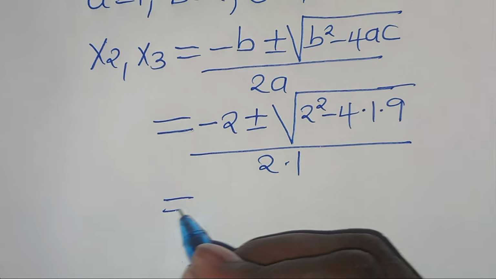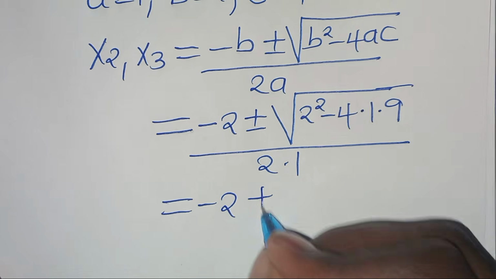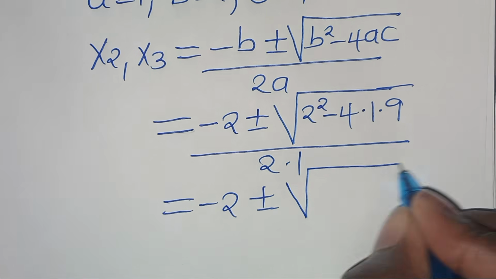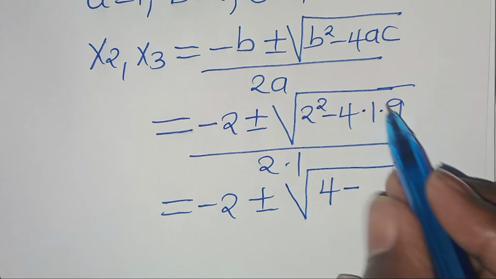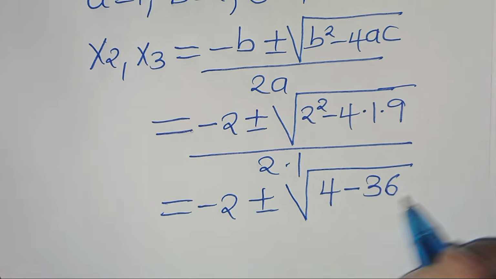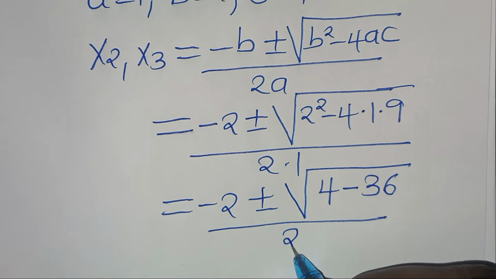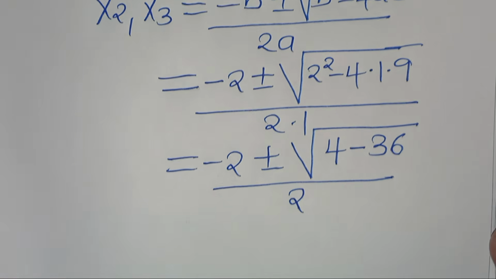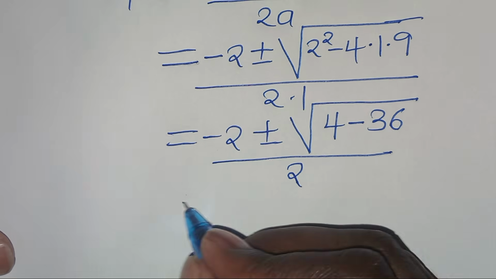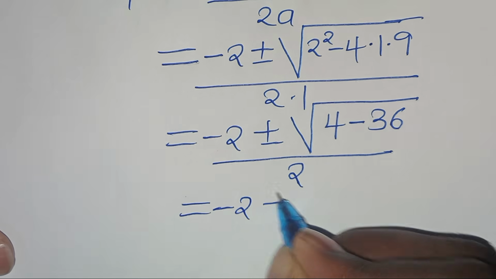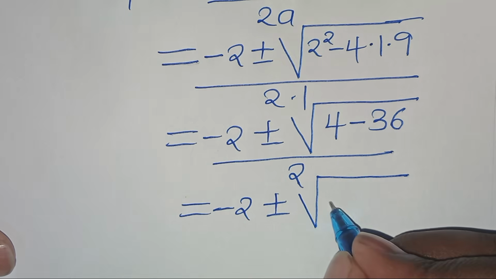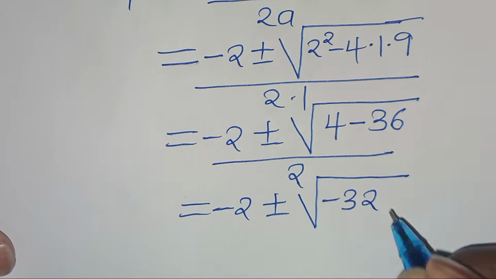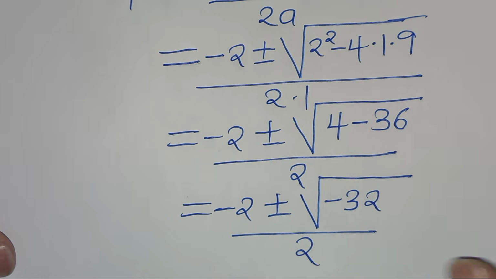So this implies negative 2 plus or minus the square root of 2^2, which is 4, minus 4 times 9, which is 36, divided by 2 times 1, which is 2. So we have negative 2 plus or minus the square root of 4 minus 36, which is negative 32, everything divided by 2.